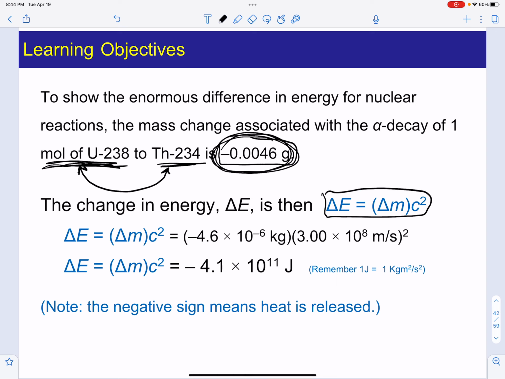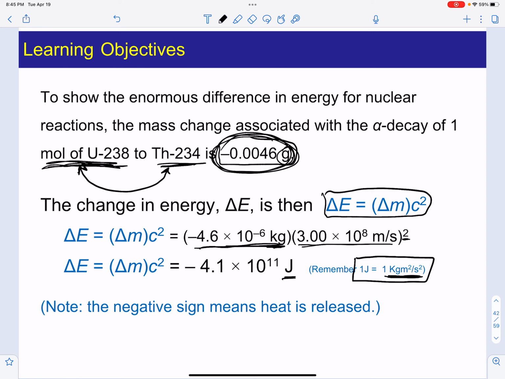Which is nothing more than taking the mass, which is given in grams, so we're changing it to kilograms, because 1 joule equals kilograms meter squared over second squared. Since we know that we're looking for energy, we're going to go for the joule, which uses kilograms. So we're changing the mass to kilograms. We multiply by the speed of light squared, and that gives us negative 4.1 times 10 to the 11 kilograms meter squared over second squared, or a joule.